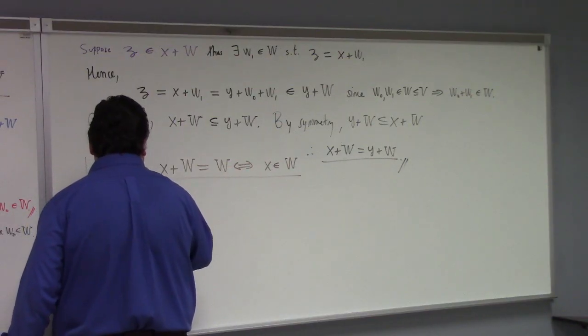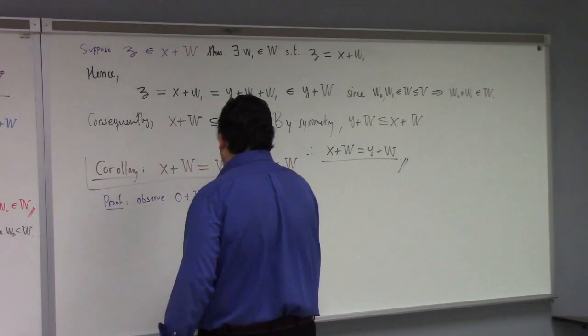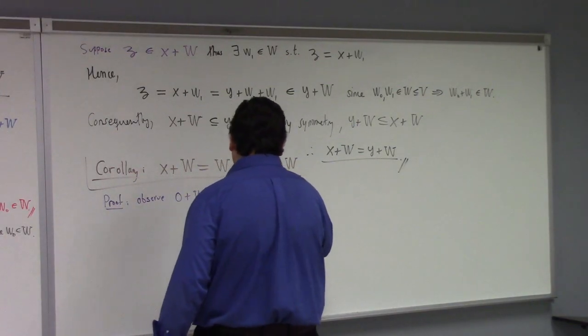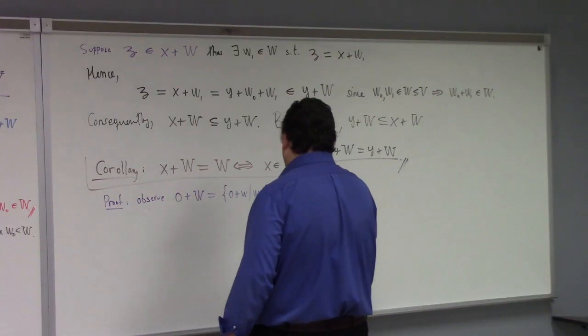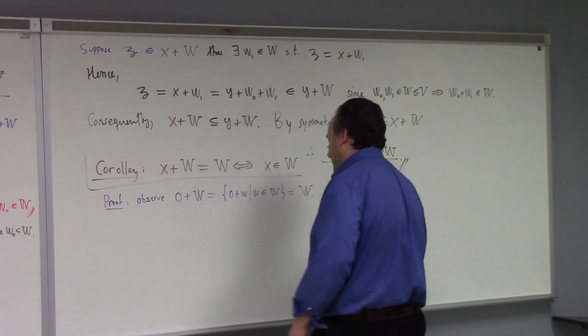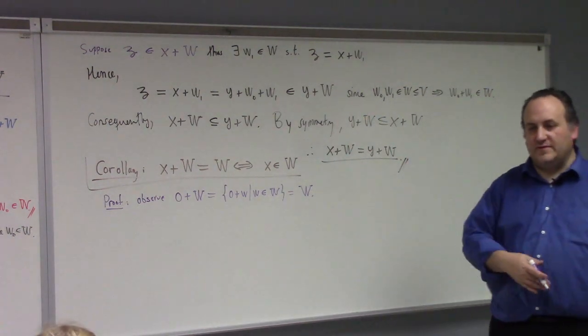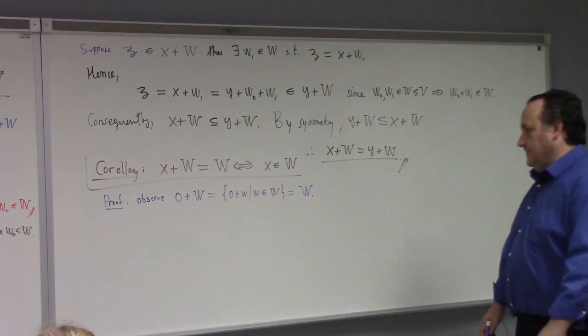Observe that 0 plus W is equal to 0 plus little w such that w is in W, which is W. The coset 0 plus W is W again, right?